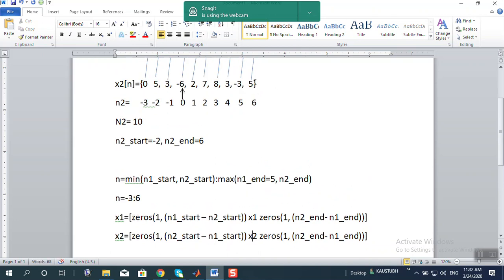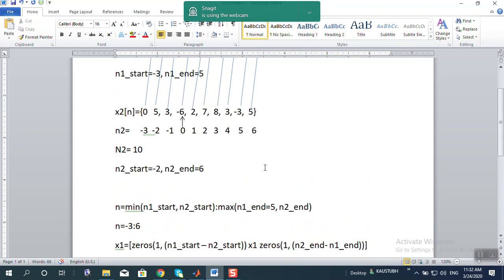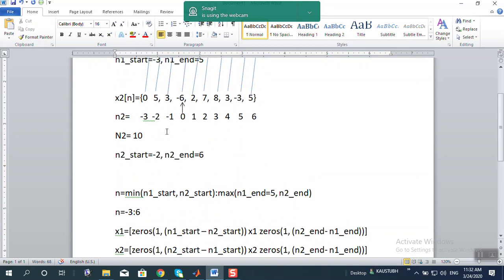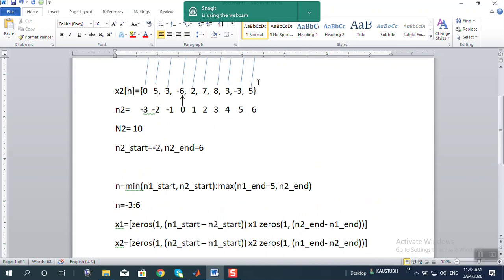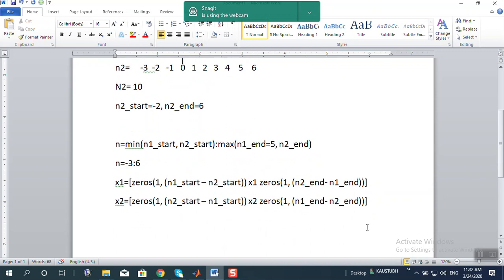At the end, no zeros are needed because it already has 6 at the end, the maximum. So n1 end, 5, minus n2 end, 6, is -1, so zeros(1, -1) is a null matrix and there won't be any zeros.